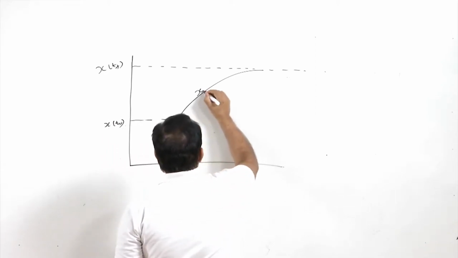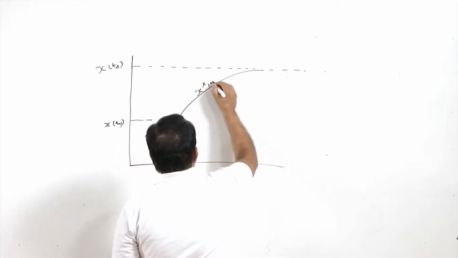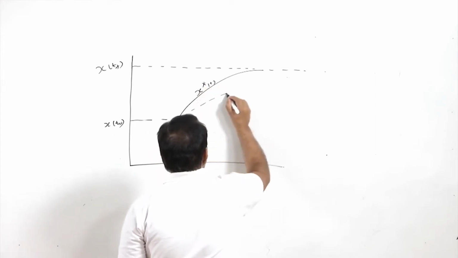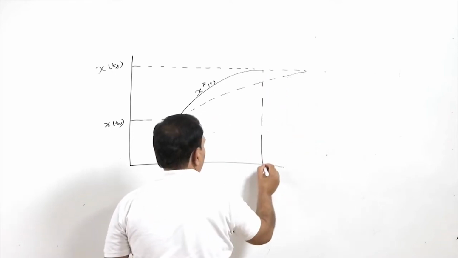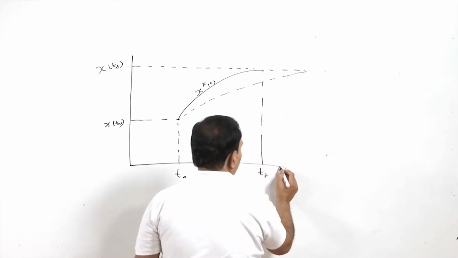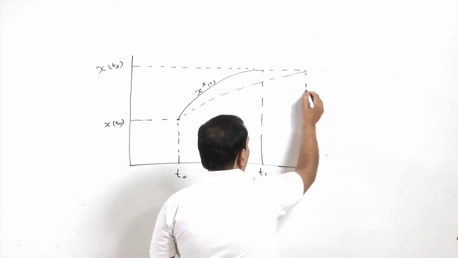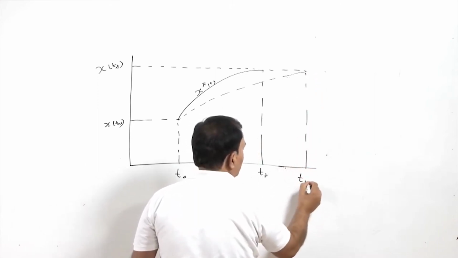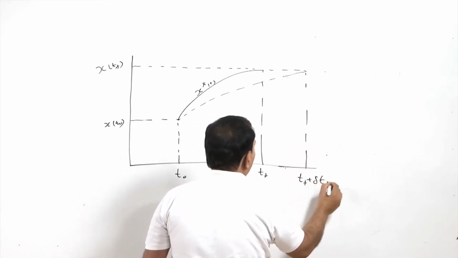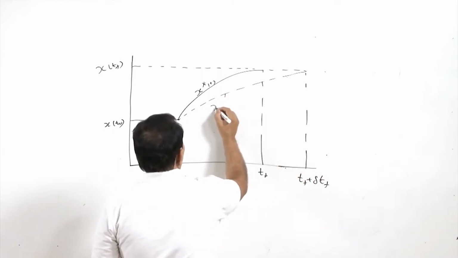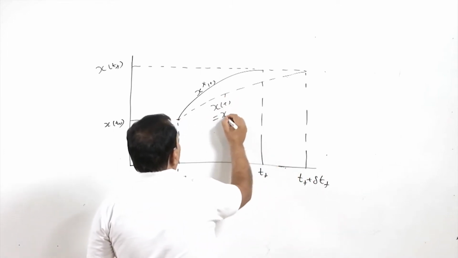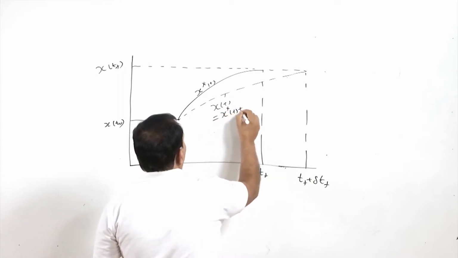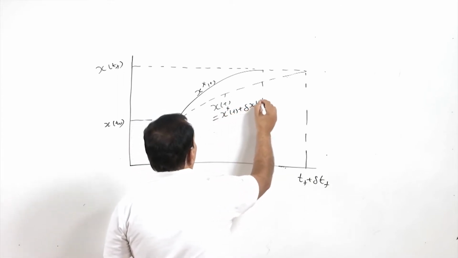If this is x star of t, this is Tf, and let us say this is Tf plus delta Tf. So, I can say this is my x(t), which is nothing but x star of t plus delta x of t.